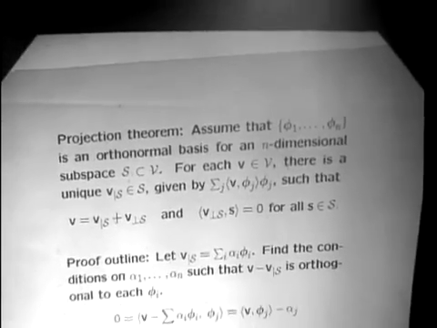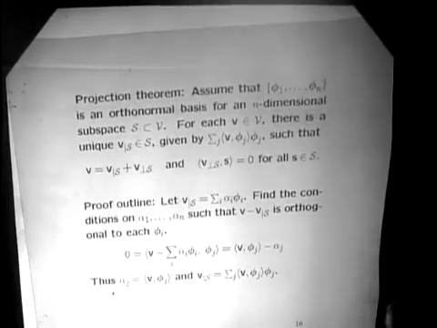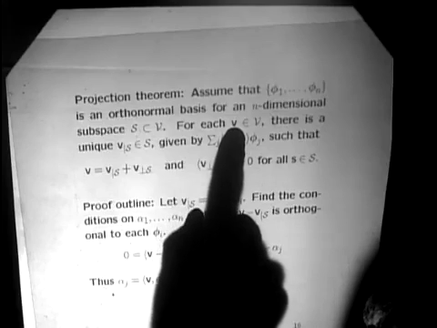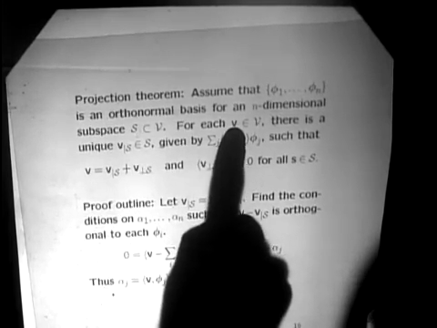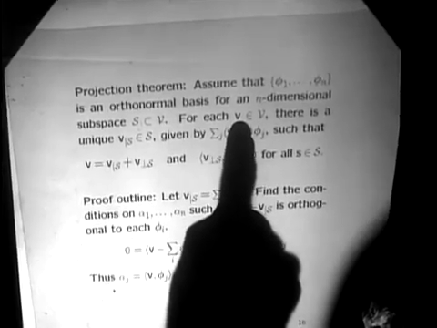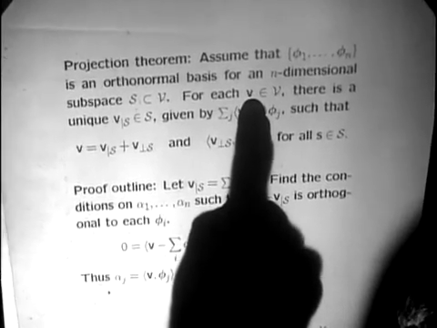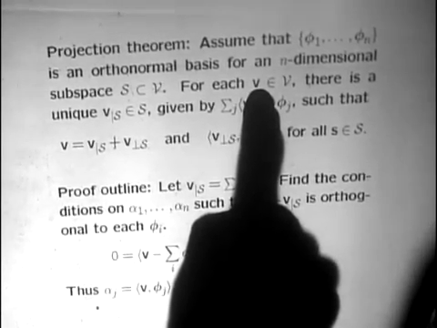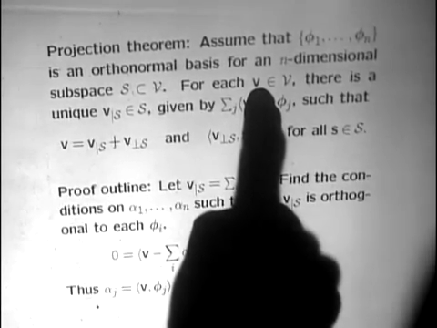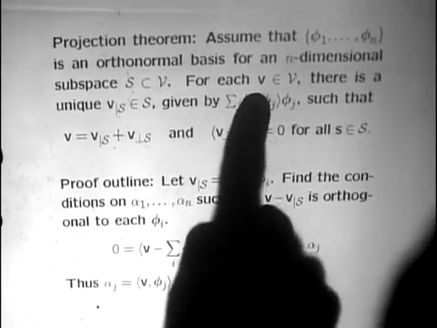So the theorem says, assume you have this orthonormal basis for this subspace, and then you take any old V in the entire vector space. This can be an infinite dimensional vector space or anything else, and what we really want it to be is some element in L2, which is some infinite dimensional element.